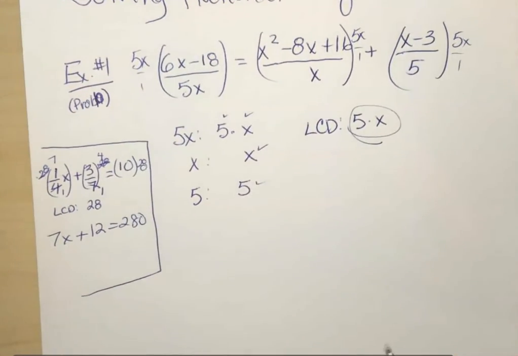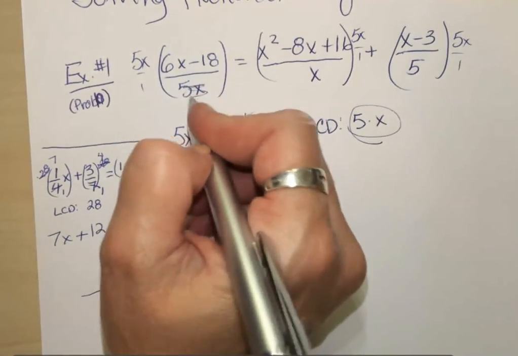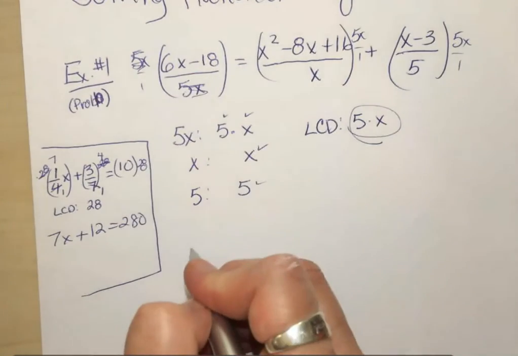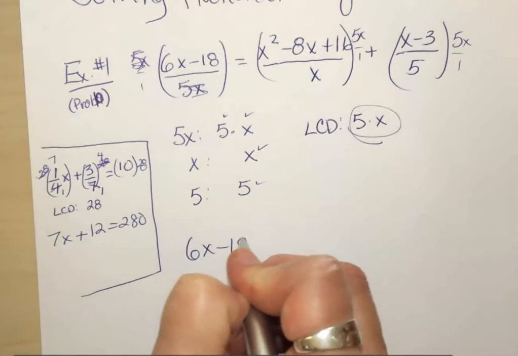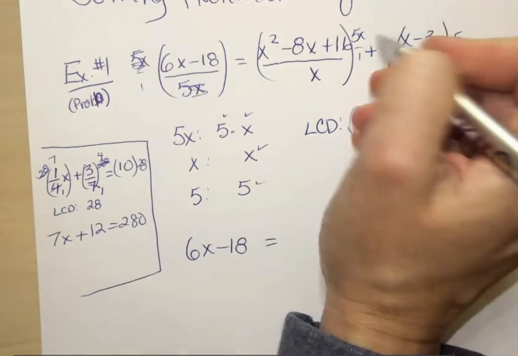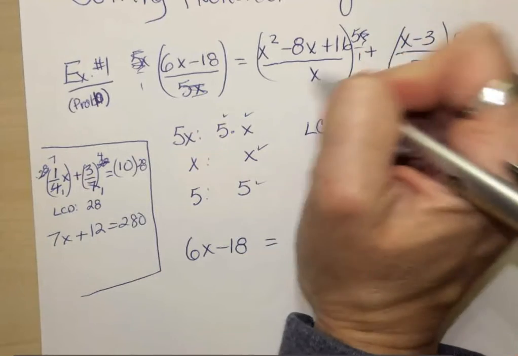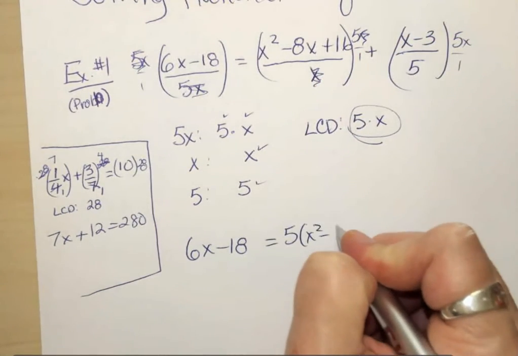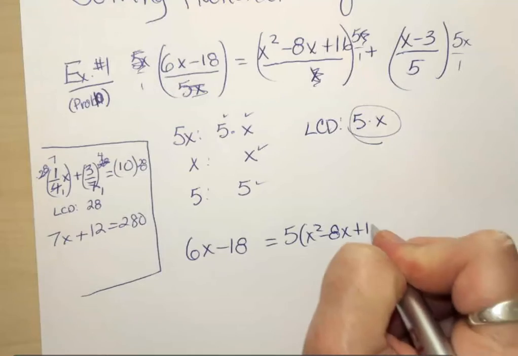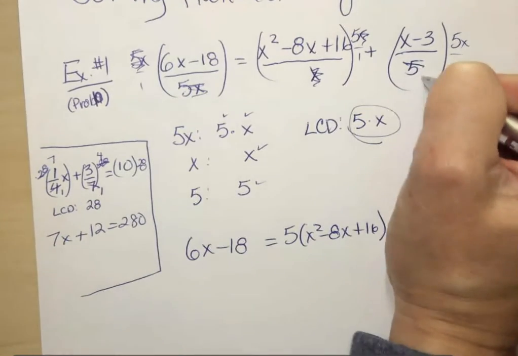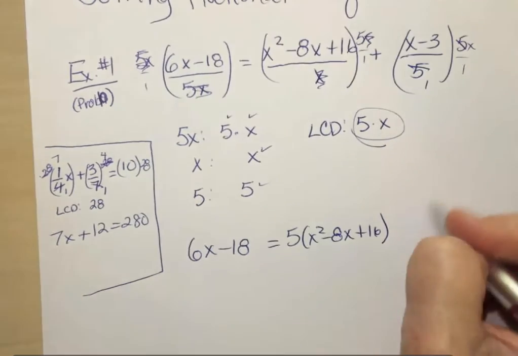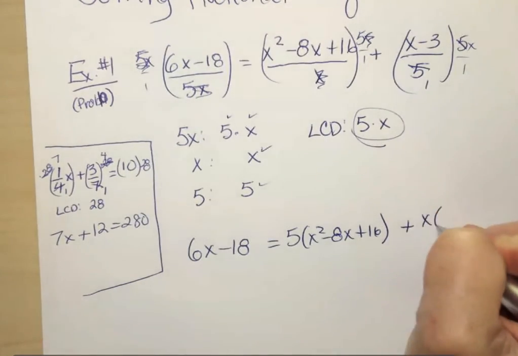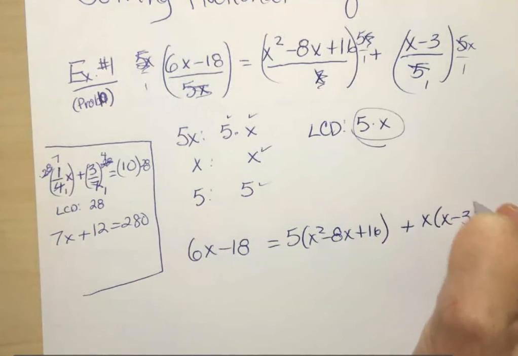And so now we can cancel. 5x cancels with my 5x, leaving me with 6x minus 18. And my x cancels with my x down here, leaving me with 5 times x squared minus 8x plus 16. My 5 cancels with my 5, leaving me with plus x times x minus 3.